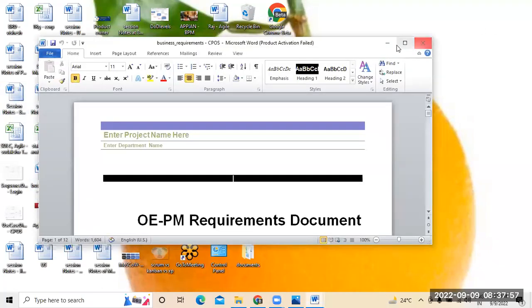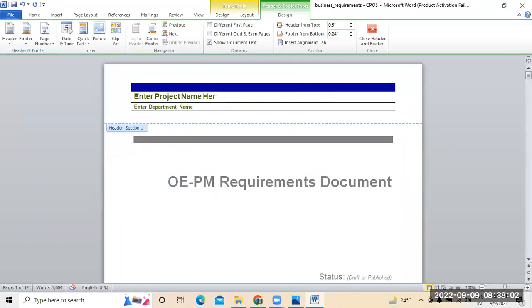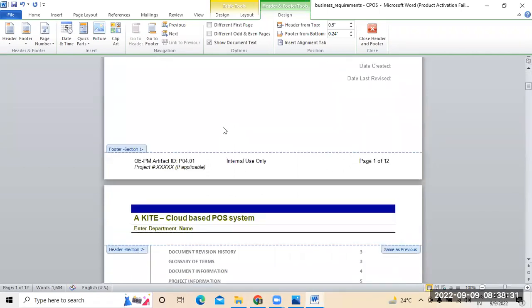So CPOS, for example, is a cloud-based point of sale system. This product has been given a name called Ekite. So Ekite cloud-based point of sale system is a project. I'm writing a few things, not everything, because not everything is possible to write at this level. So this is a business requirements document.